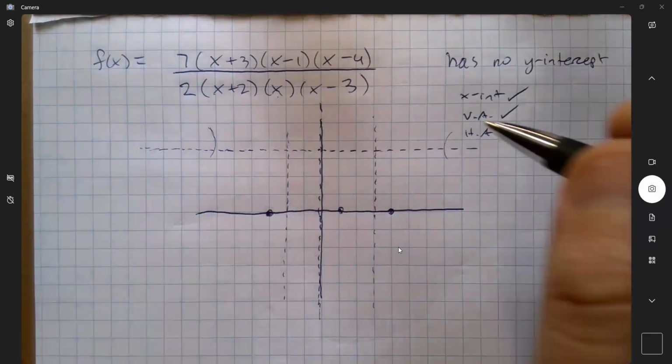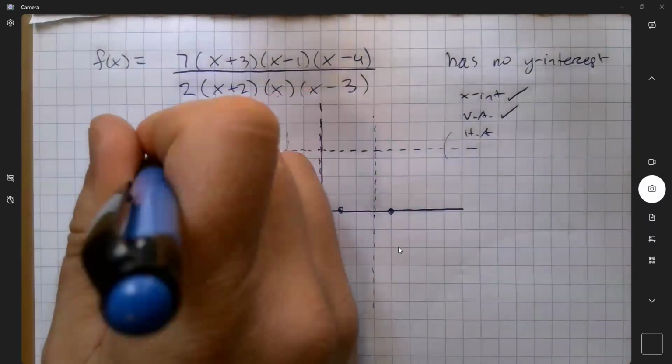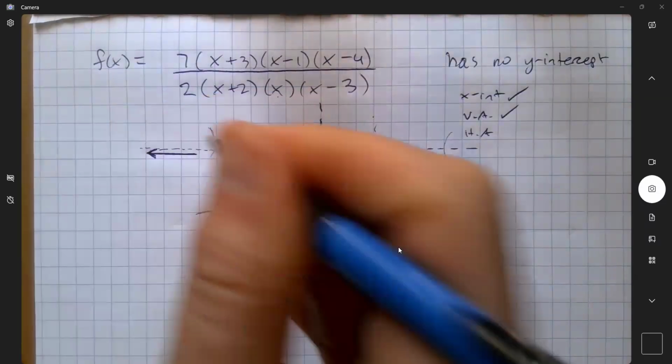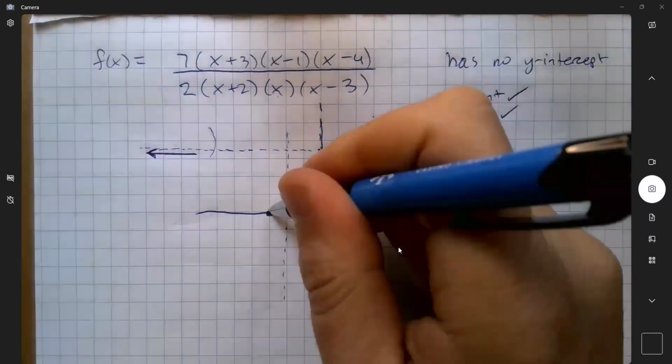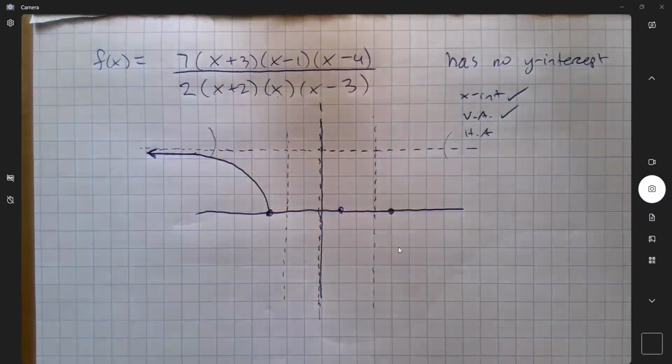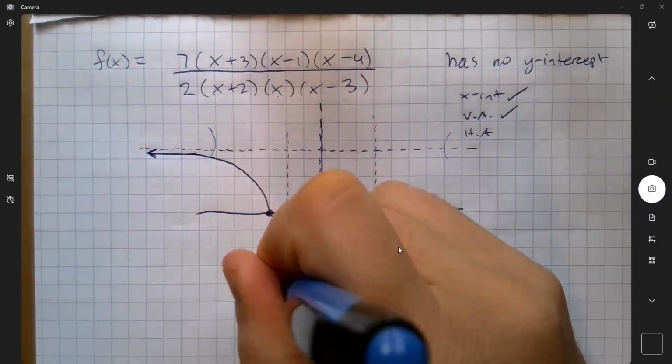So let's connect. Let's do it from the left side this time. I know when x is really small, I should basically be equal to 7 over 2, and I have to come down and get through that x-intercept. It's a linear x-intercept, so it goes straight through and it comes down.